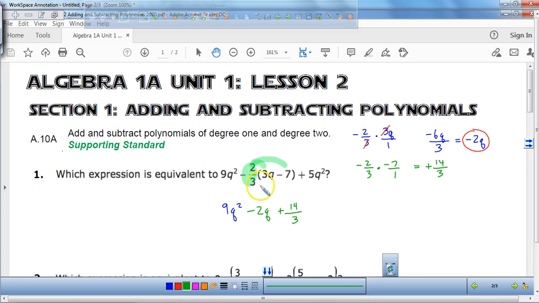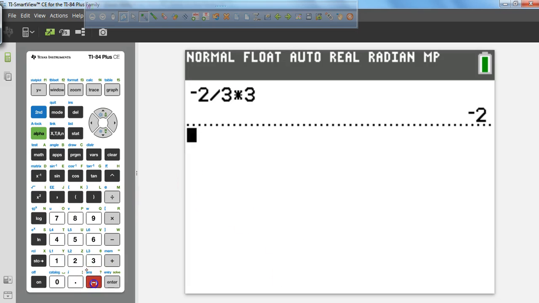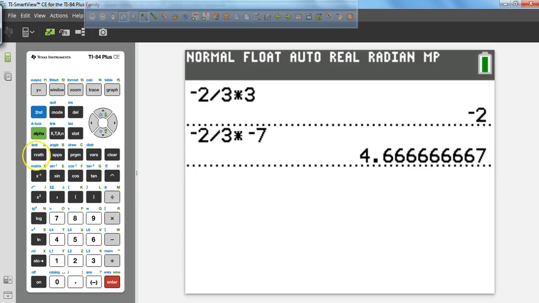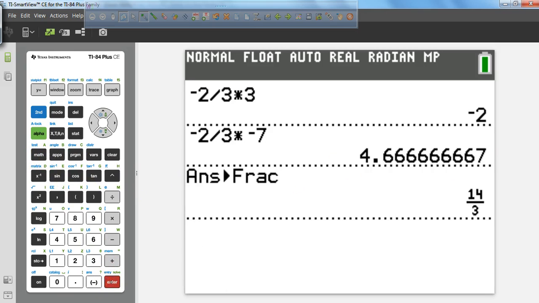Now, if you were to do this in the calculator, you would get 4.6 repeating, and that's not what I want you to type in. So if I say negative 2 divided by 3 times negative 7, you get this positive 4.6 repeating, but I want it as an improper fraction. So 14 over 3.